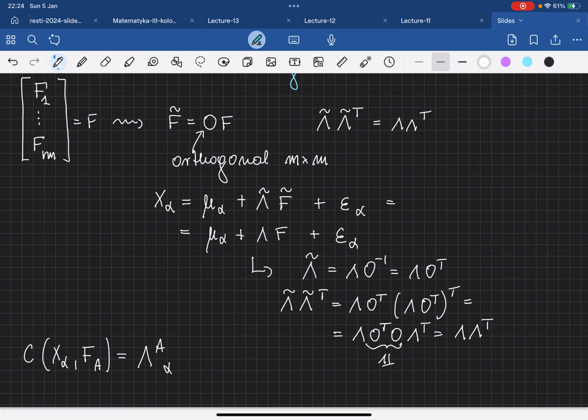So this matrix of loadings is in fact the matrix of the correlation between initial variables and our factors, which can help us in interpreting the factors that we obtain.